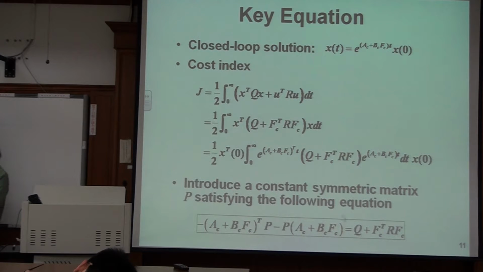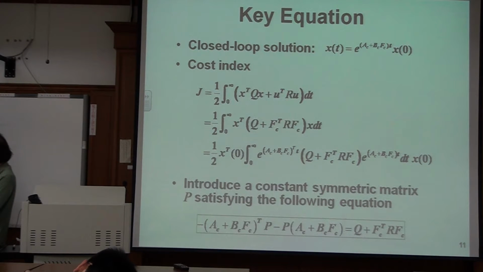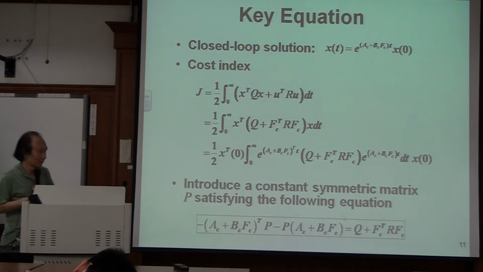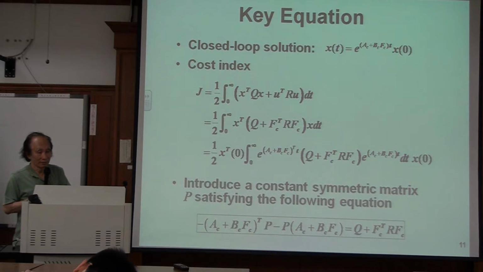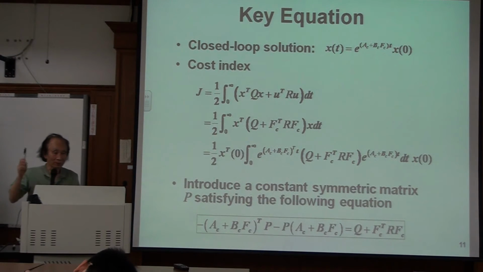Then partial J, partial FC means partial J, partial F1, partial J, partial F2, and so on, to partial J, partial Fn, and they all have to equal 0. Now, to solve this, we are not going to solve it like this. We're solving it a different way.